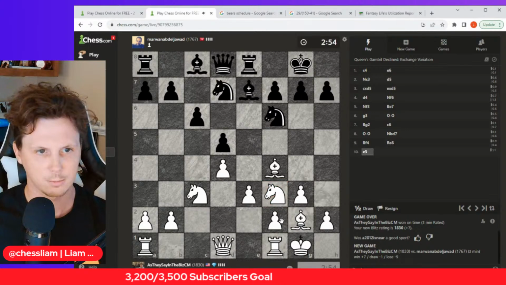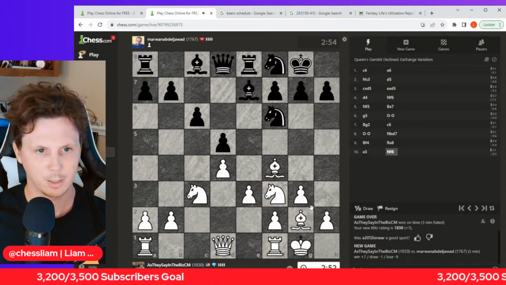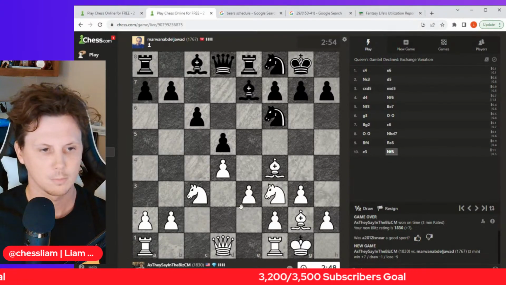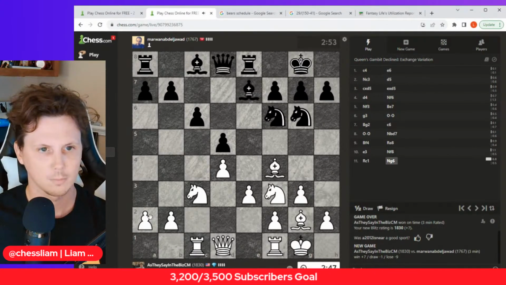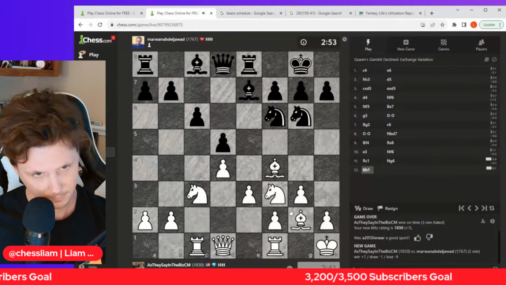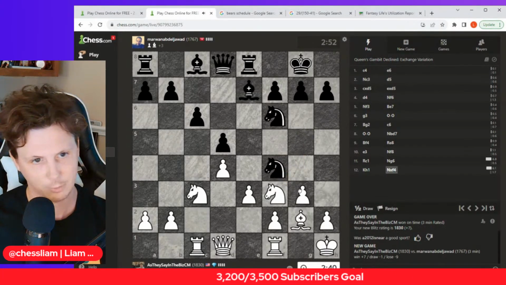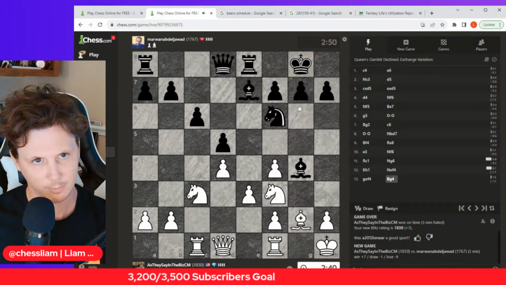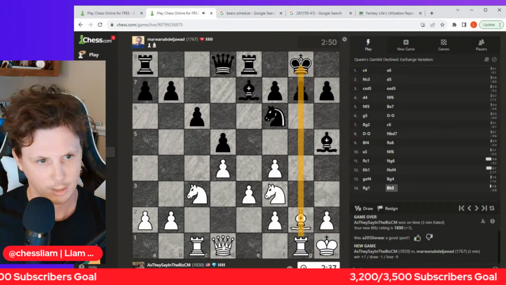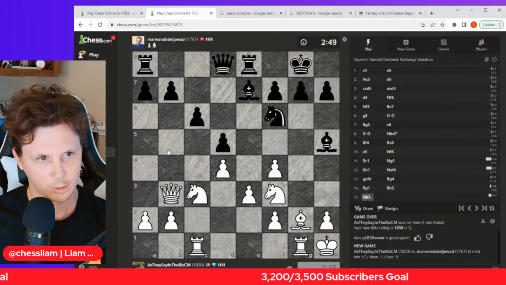Developing the pieces. Just kind of what we're doing right now. I would love for him to capture there. We're going to prepare for that with King h1, which now allows our rook to come here and play over here.